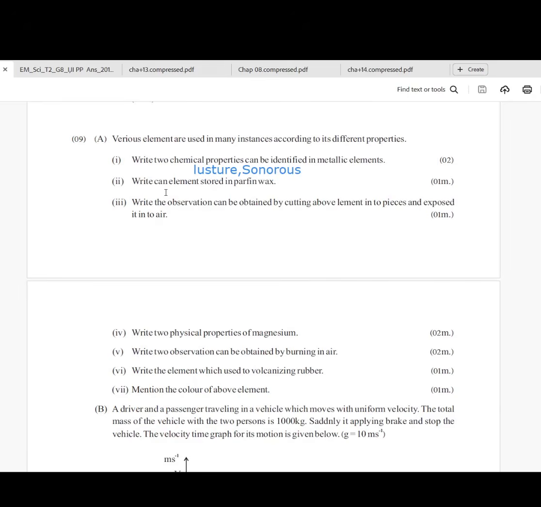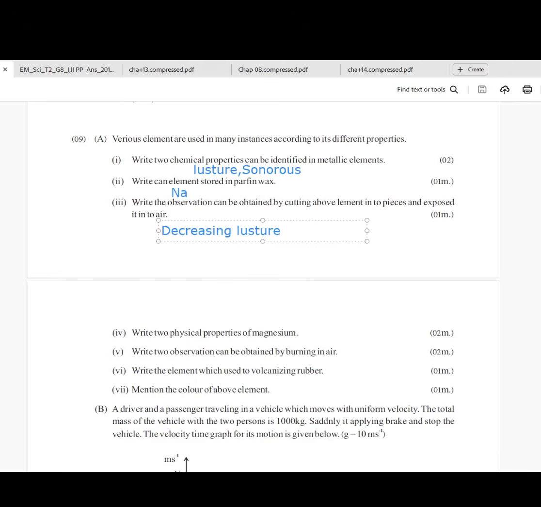Which element is stored in paraffin wax? Answer: sodium. Write the observation obtained by cutting the above element into pieces and exposing it to air. Decreasing lustre by reacting with oxygen in air.